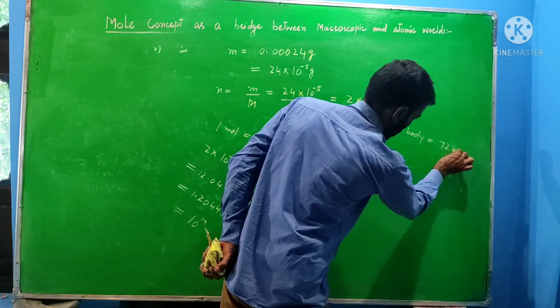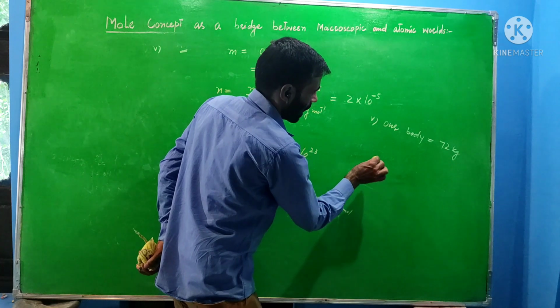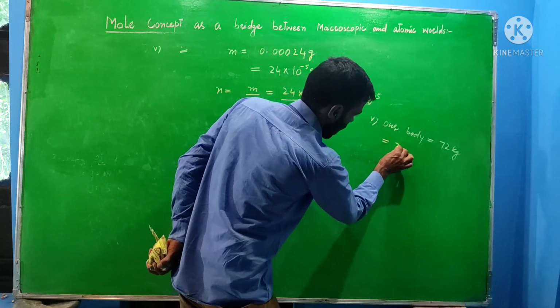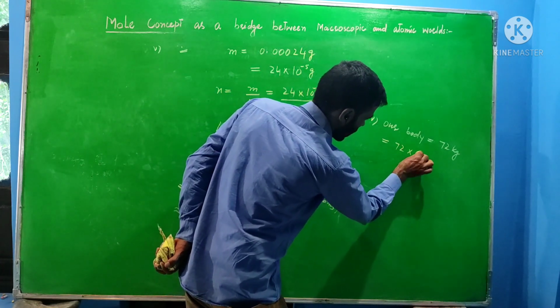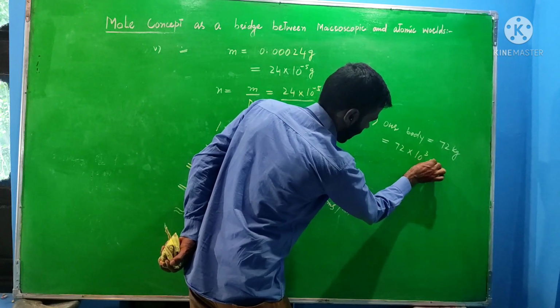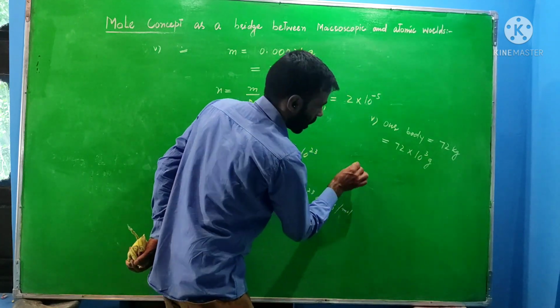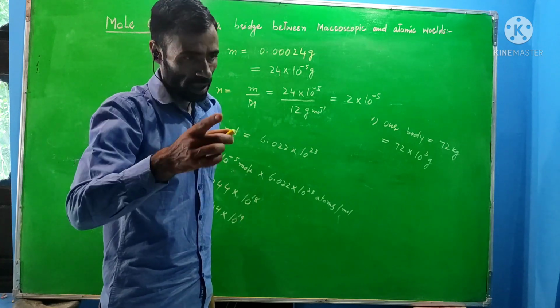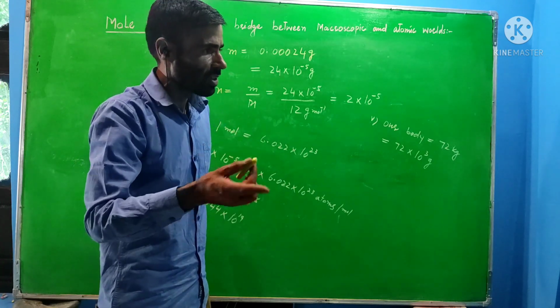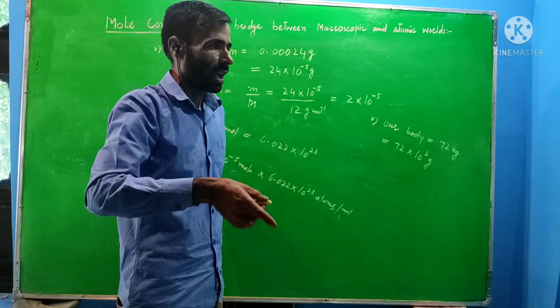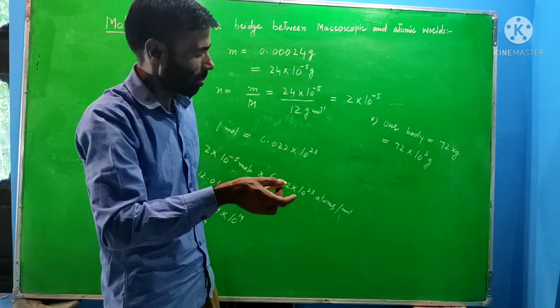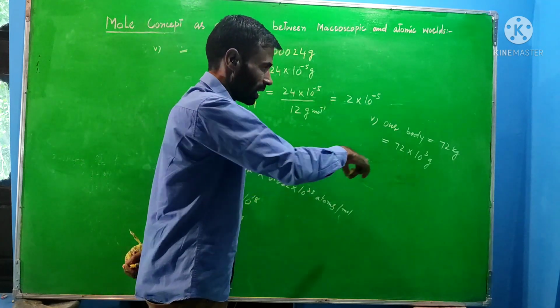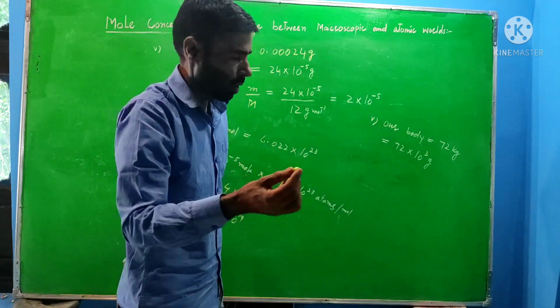This one is the weight of our body. After that, that is equal to 72 into 10 raised to the power 3 grams. So for the number of moles, suppose it is made up of carbon atoms. All of you know that is not true; in our body there are many different atoms present. I suppose within this mass there are only carbon atoms.